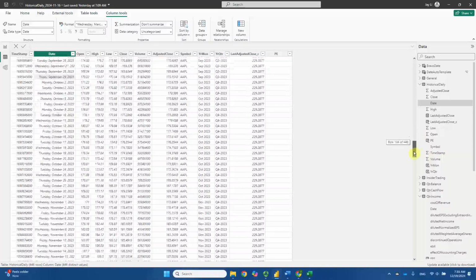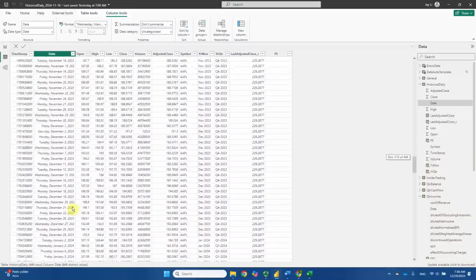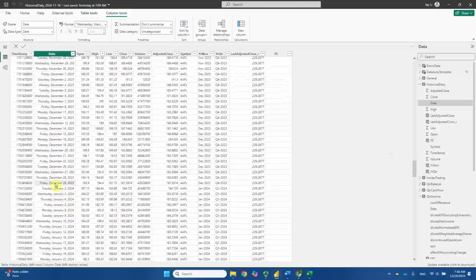What about the fourth quarter of 2023? The last trading day of the fourth quarter of 2023 is December 29th. Again, that's not the last calendar day in the fourth quarter. The last calendar day should be December 31st, right? So you cannot match December 31st, 2023 in the quarterly income data set. So there's no way you can retrieve EPS last year for this fourth quarter of 2023 either.